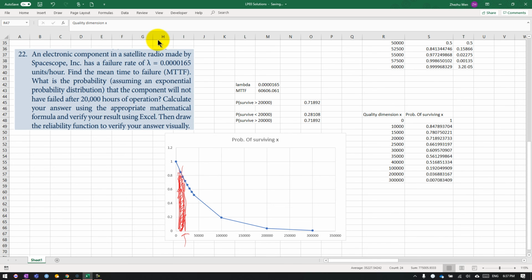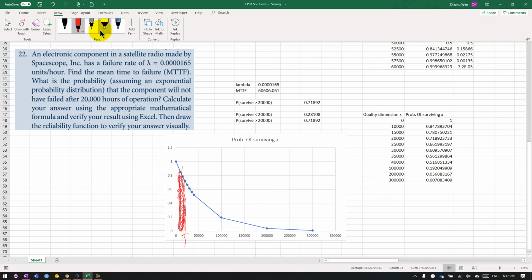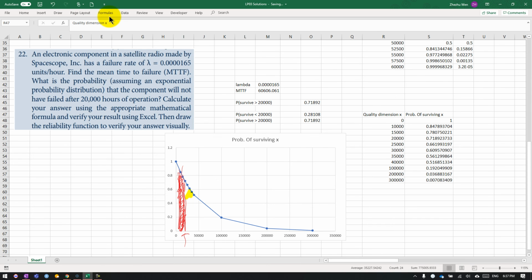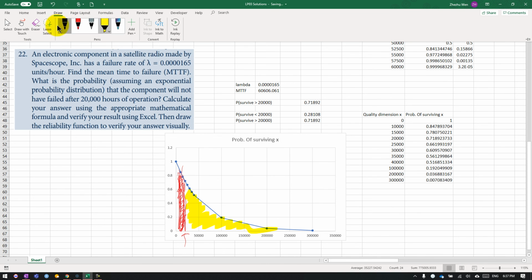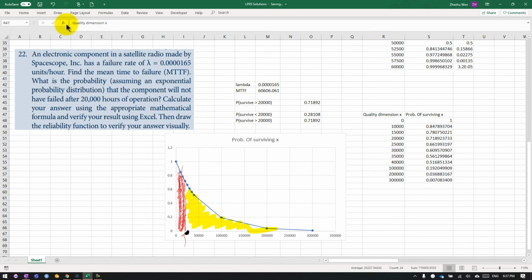But what we are really interested in this case is the probability after that point, meaning the probability of surviving past 20,000. I'm sorry, it's 20,000 instead of 2,000.